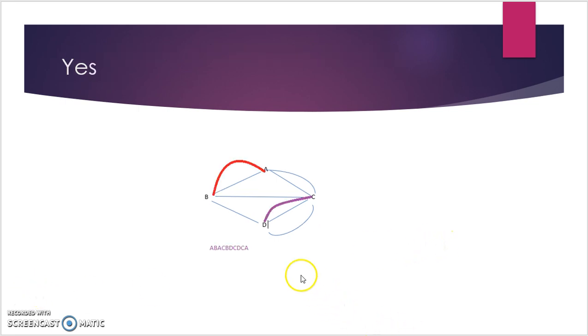However, if I were to add an additional route that connects A to B and an additional route that connects C to D, then I could do it. And here is one such route at the bottom. And the way we usually write these, start at A, go to B, either one of those 2.